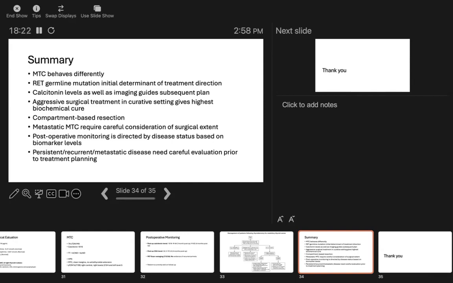Yet in this world, everything is possible. It is just that most medullary thyroid carcinomas will produce calcitonin. That's why we can use it as an accurate monitoring tool.